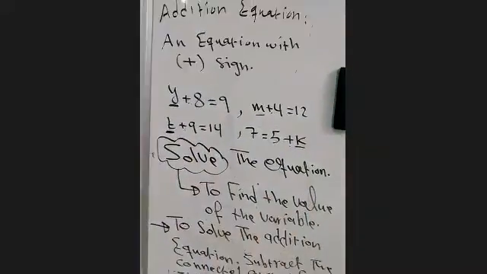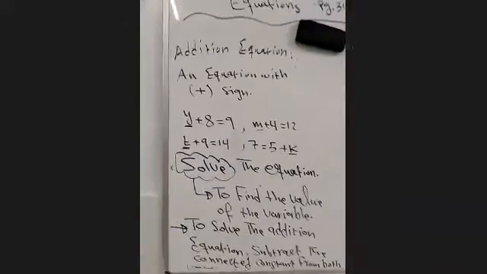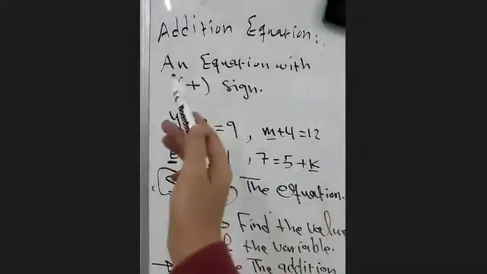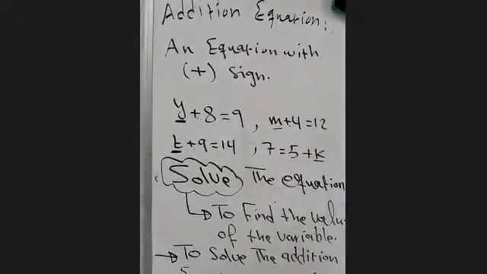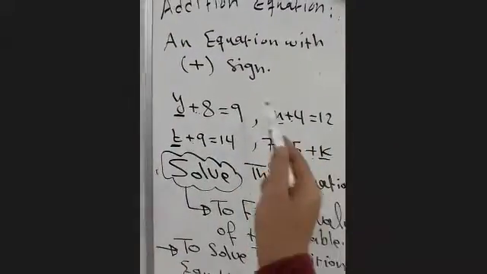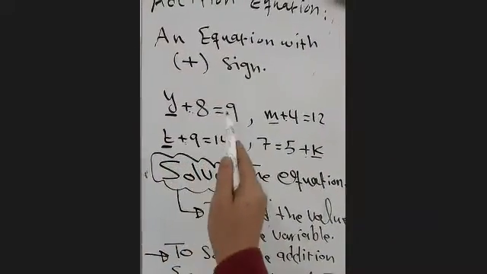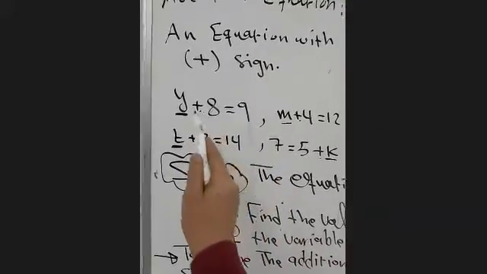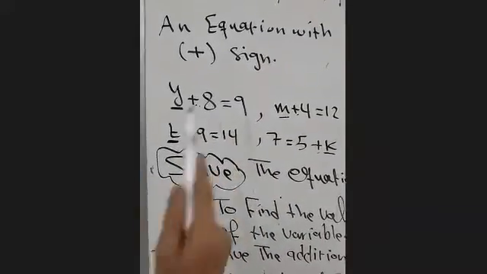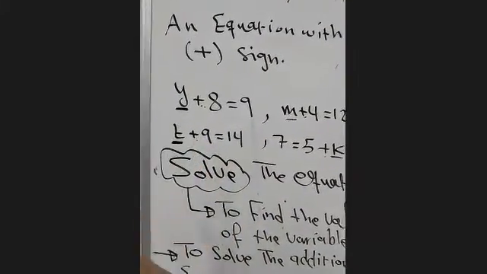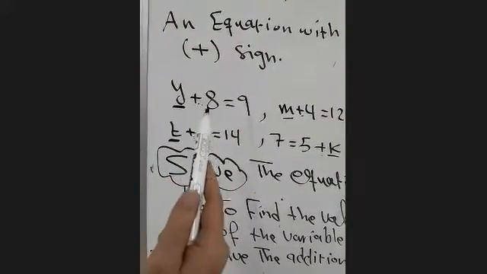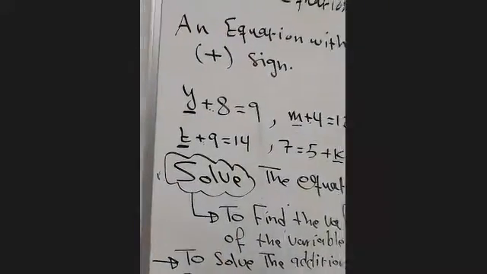Let's remember what we have until now. What's the addition equation? It's an equation with a plus sign. Like these examples, I gave you 4 examples of addition equations. y plus 8 equals 9. It has an addition sign. We call it an addition equation. What's the variable here? y. What's the connected number with the variable? 8.